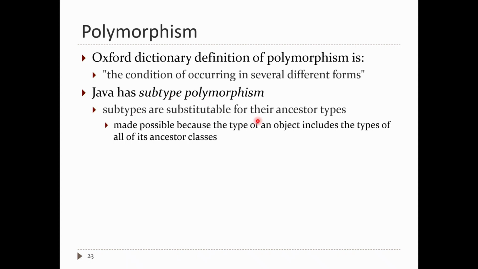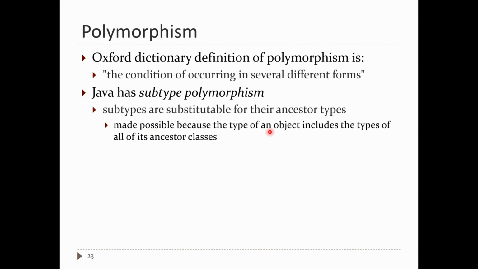Subtypes are substitutable for their ancestor types. So String is substitutable for Object, StoppingCounter is substitutable for Counter, and so on and so forth. Several different forms in object-oriented programming means an object has more than one type, which we just saw on the previous slide.